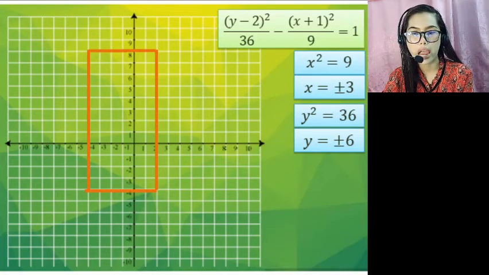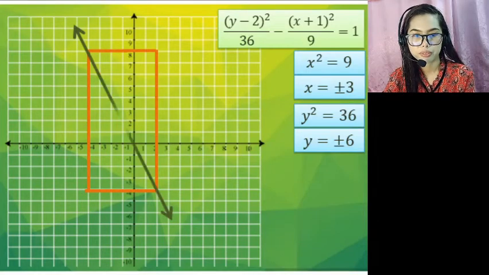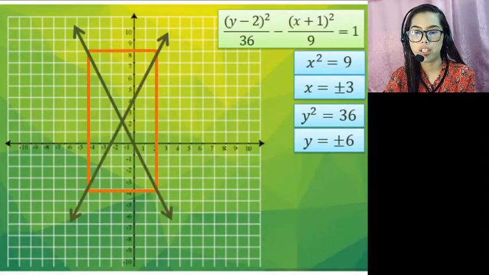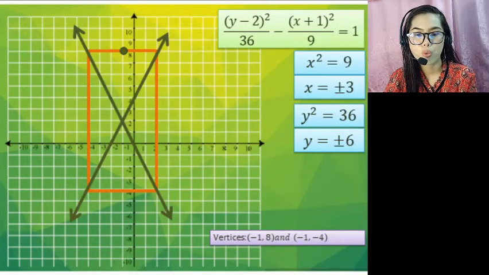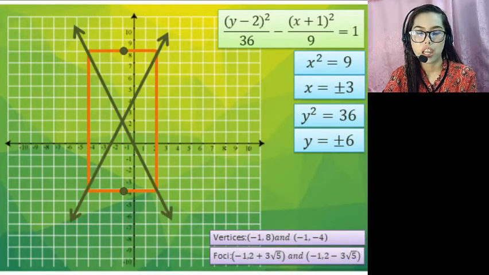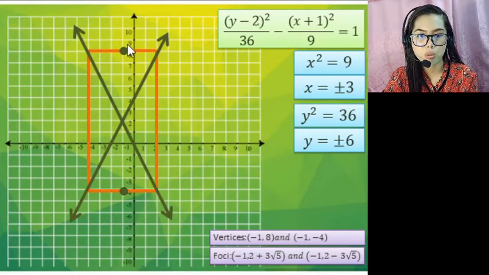So you're going to draw your asymptotes. All right. And we're going to plot the points, your vertices: (−1, 8) and (−1, −4). And our foci: 2 plus 3√5 is approximately 8.7, so the first focus is above this one, almost 9.